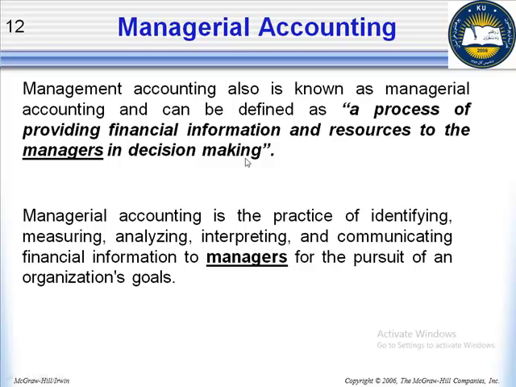For decision making. Now, we have studied in our previous session that accounting provides information to the users, and amongst the different users like shareholders, creditors, governmental organizations, employees, one of the users of financial information, and the most important one, is the managers or the management, and they are the internal users.